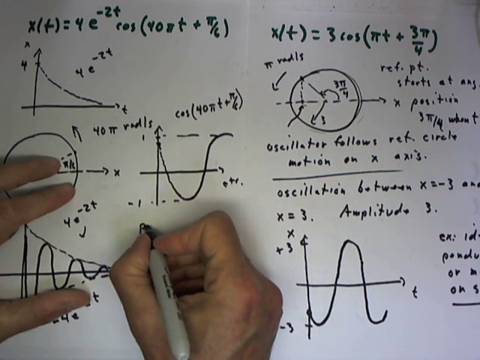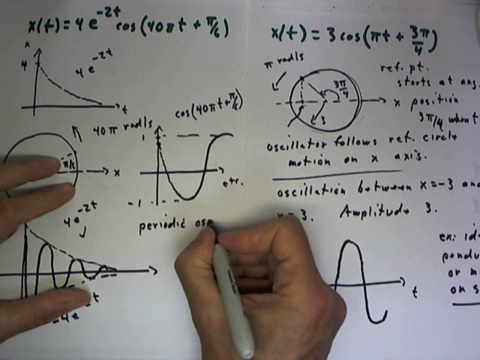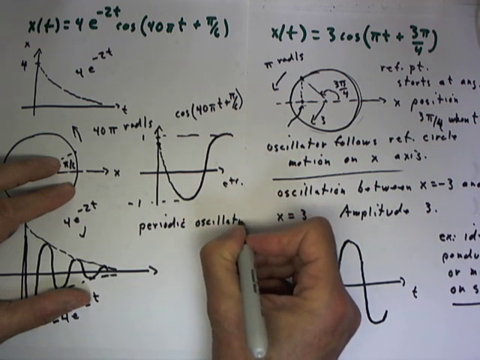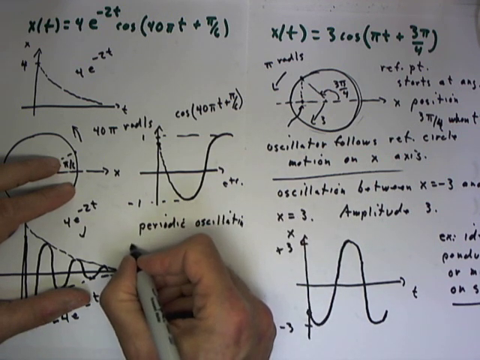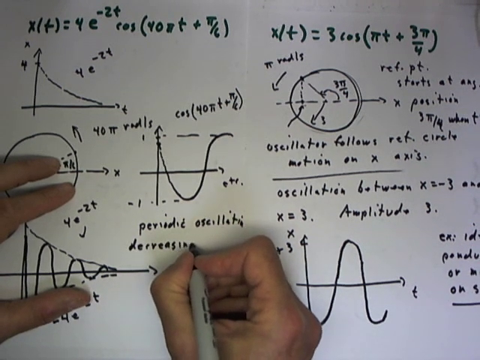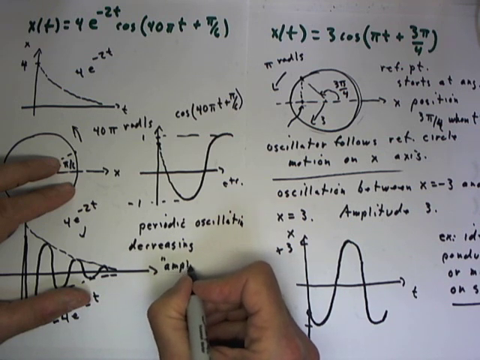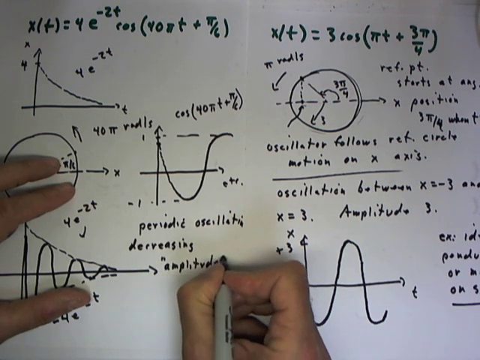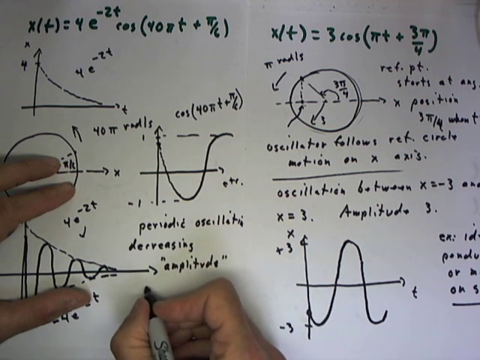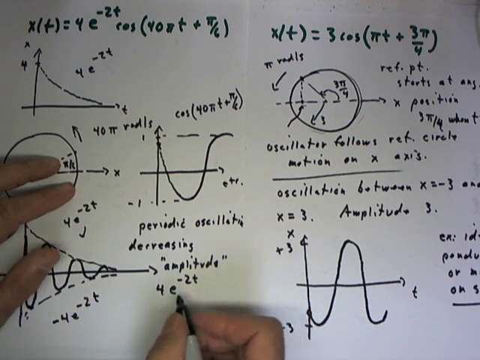So what we have is periodic oscillation with decreasing, put quotes around it, amplitude, which would be like 4e to the negative 2t.